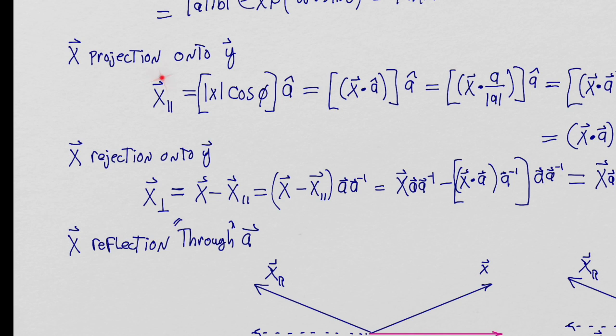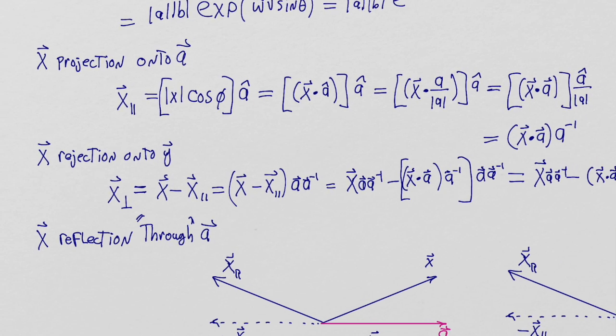We learned last time that the parallel part of the projection is the magnitude of x times the cosine of the angle between them. Well, I said A here, so this probably should be an A vector. Notice these are not unit vectors. So it's the magnitude of x times the cosine between the two vectors times a unit vector in the direction of a. That, of course, is the component of x aligned with a.